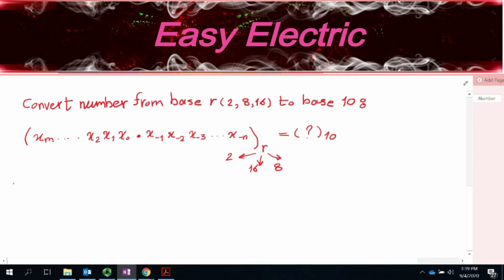If you want to get that number in base 10, you do this: x0 times r power 0, plus the next one, x1 times r power 1, plus x2 times r power 2, and you keep going, and the last one should be xm times r power m. It depends on how many digits you have.